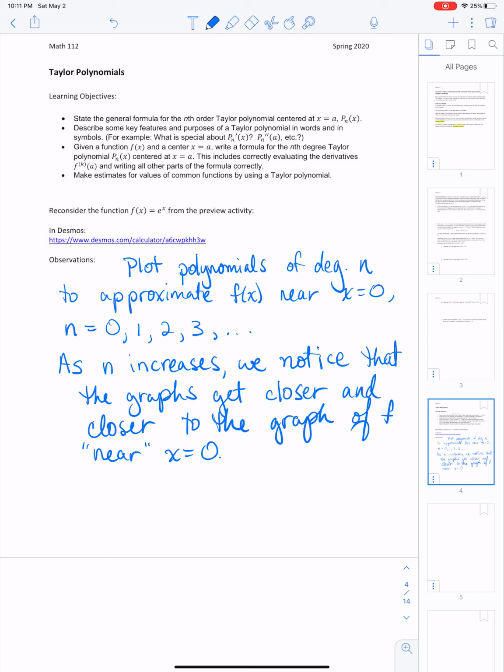And the term near is something that is a little bit relative.